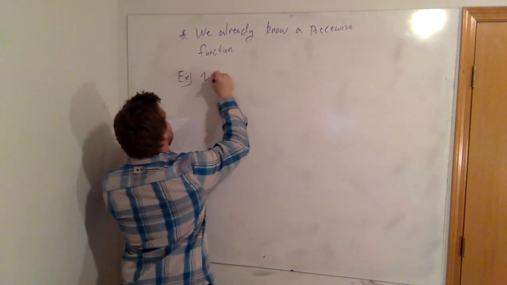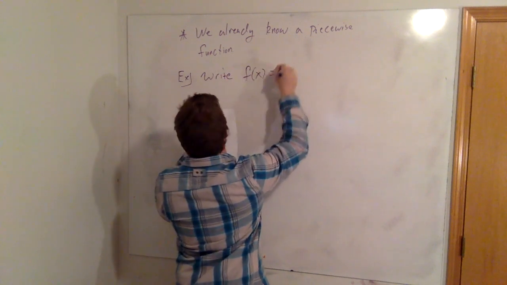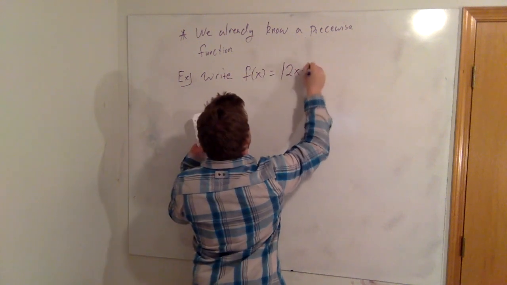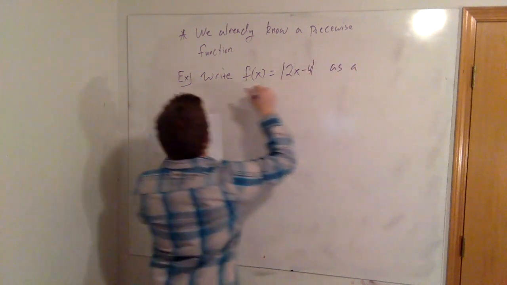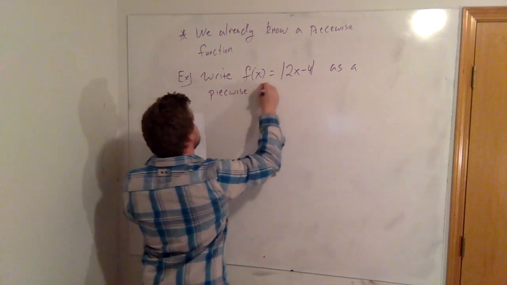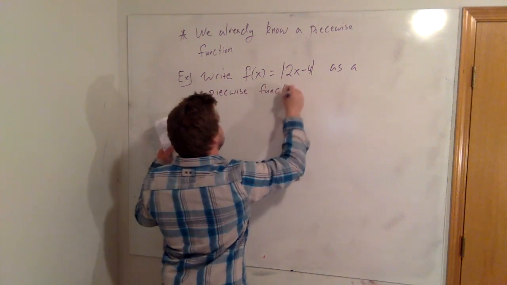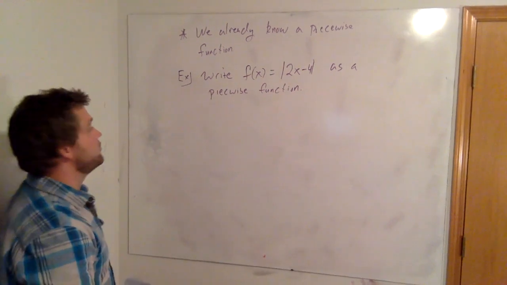Let's go ahead and write f of x, which is equal to the absolute value of 2x minus 4, as a piecewise function. So go ahead, pause the video, and see if you can do this one on your own.